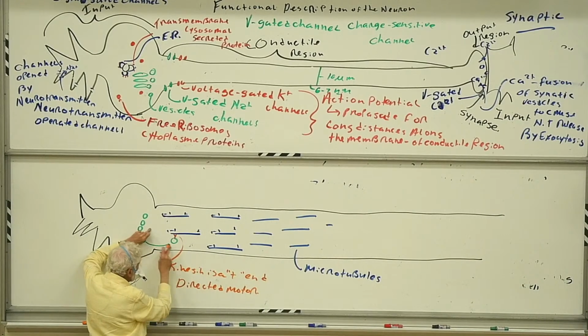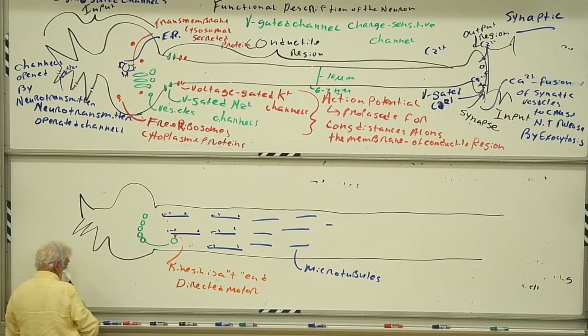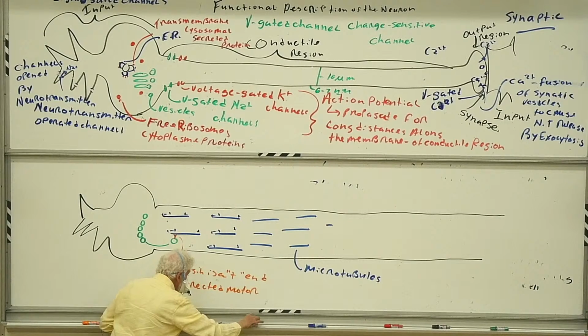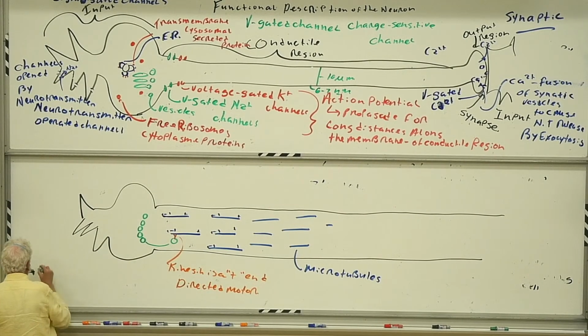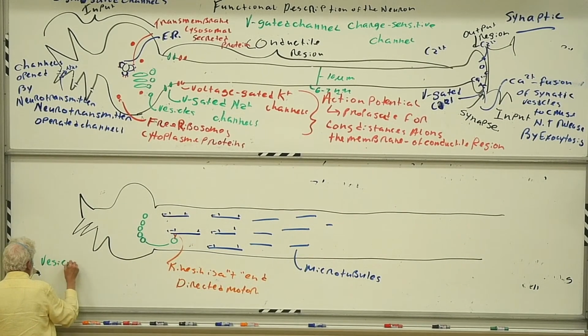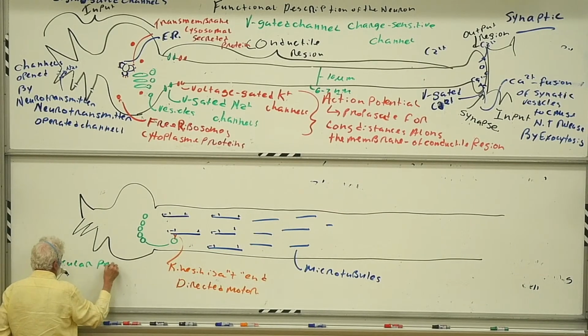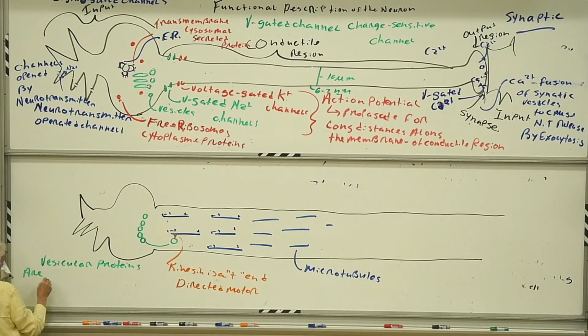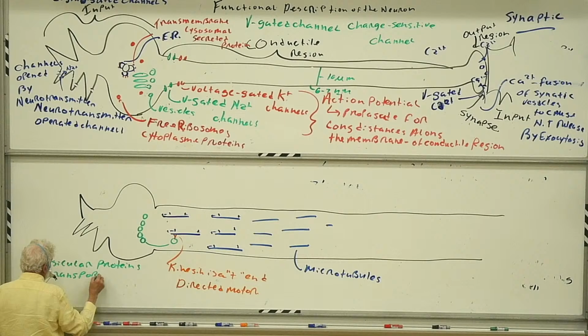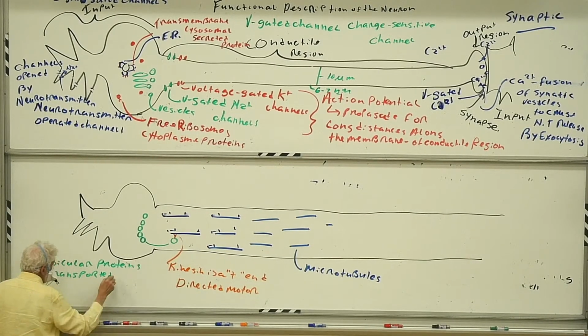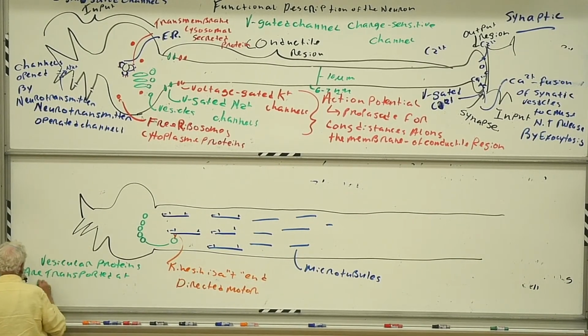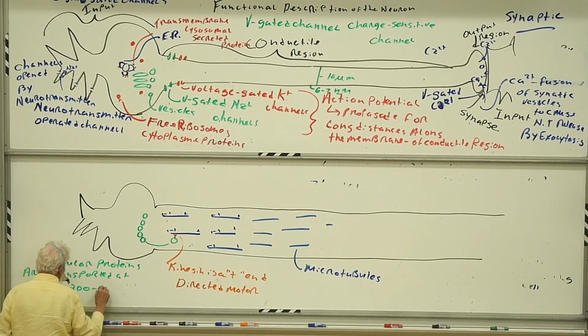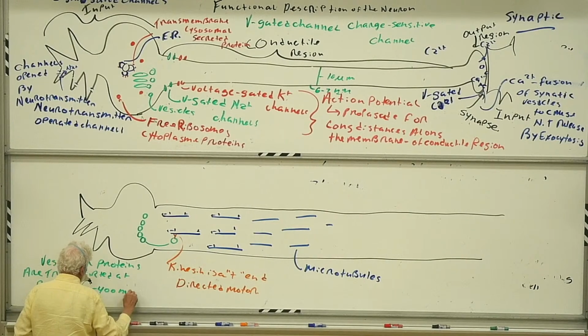And these vesicular proteins are transported by the kinesin at rates of about 200 to 400 millimeters per day.